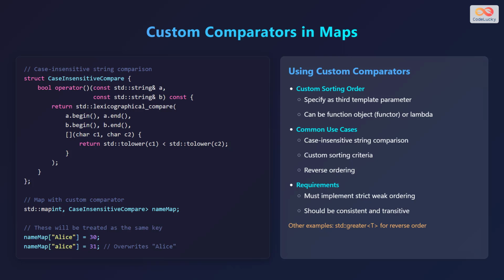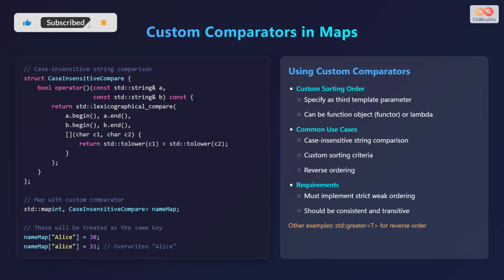Here is how to use custom comparators in maps. The following example uses case-insensitive string comparison. Create a struct called CaseInsensitiveCompare. The function operator takes const std::string& a and const std::string& b as input. Return std::lexicographical_compare. The inputs are a.begin(), a.end(), b.begin(), b.end().